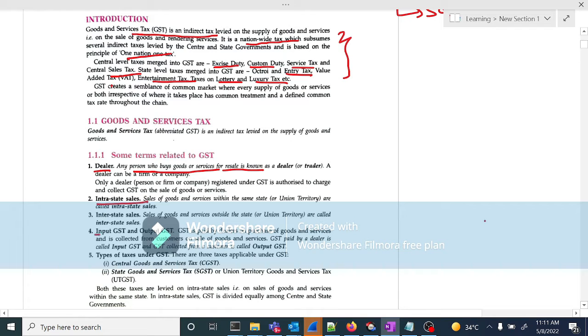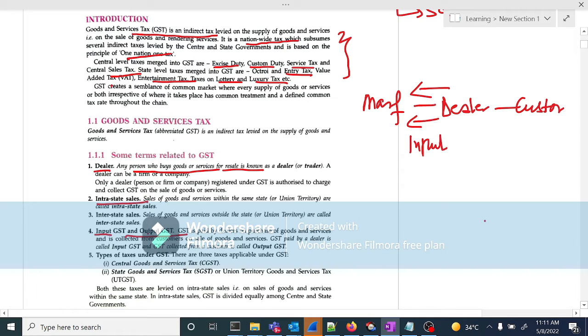Then we had something called input GST and output GST. What is input GST? There is a manufacturer, there is a dealer, and then there is a customer. When dealer buys goods from manufacturer, he pays GST. So it is input GST. When dealer sells to customer, customer pays GST.